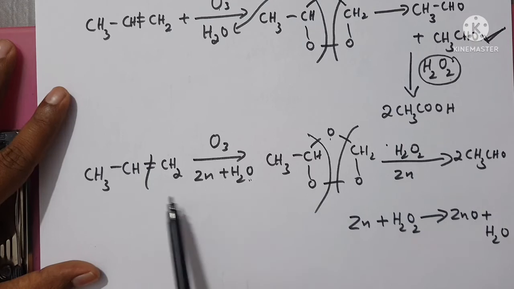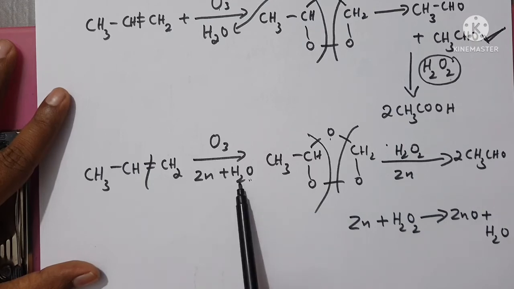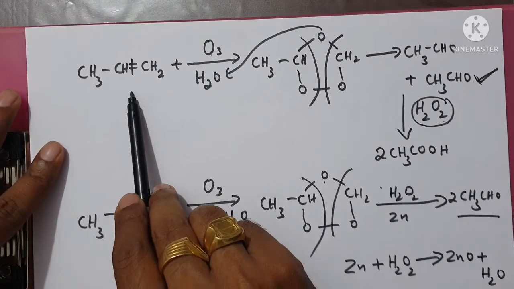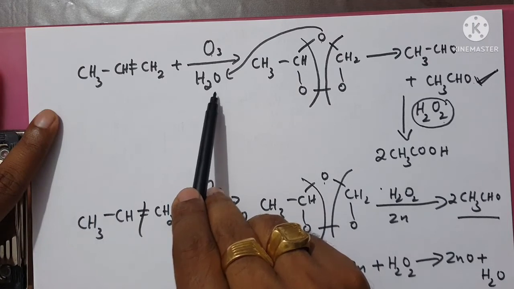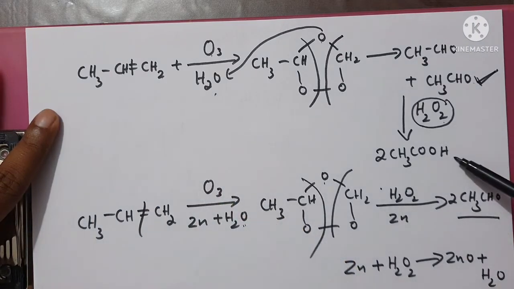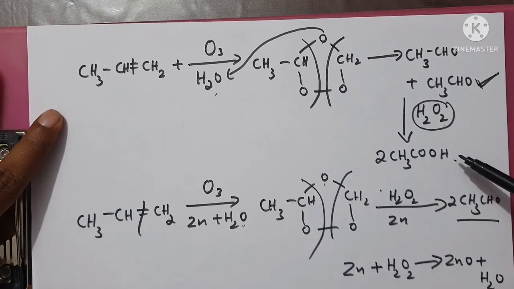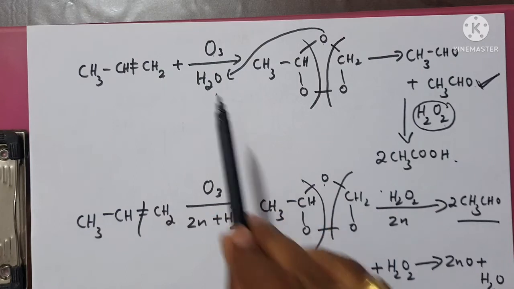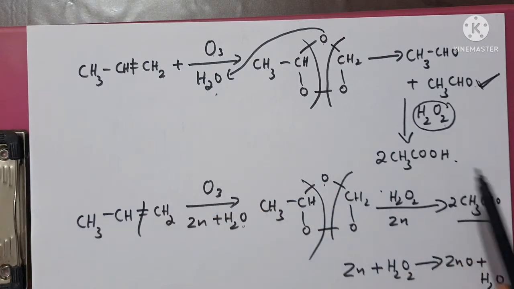That is why the reaction in the presence of zinc and water stops at aldehyde, whereas the reaction of alkenes in the presence of only water will form carboxylic acids. I hope you have understood this clearly. Whenever I take only ozone and water, there is a formation of carboxylic acid. Whenever I take ozone with zinc and water, then there is a formation of aldehydes. It does not further oxidize to carboxylic acids. Hope children you have understood this clearly.